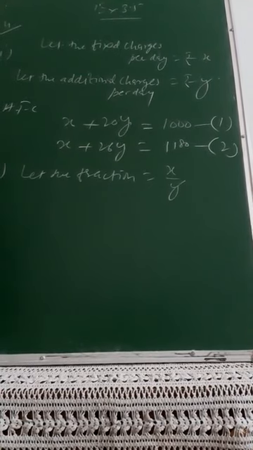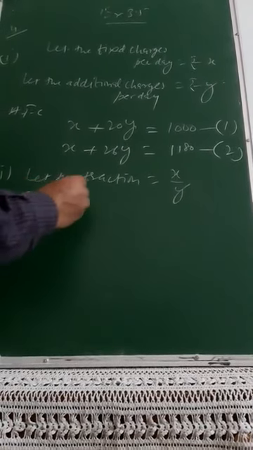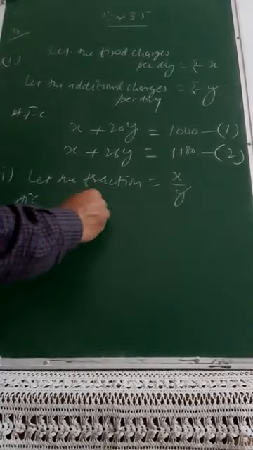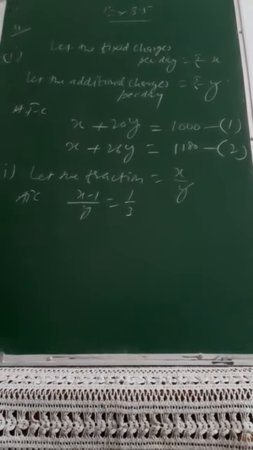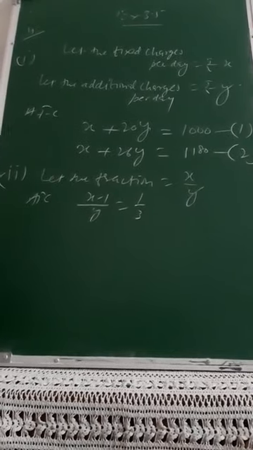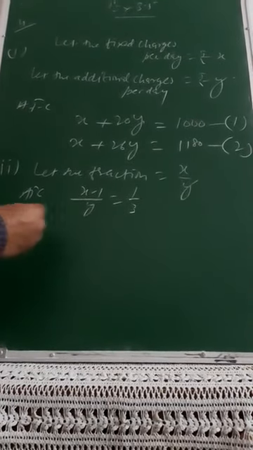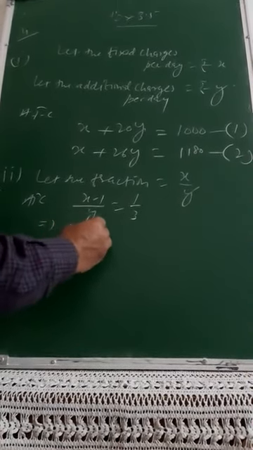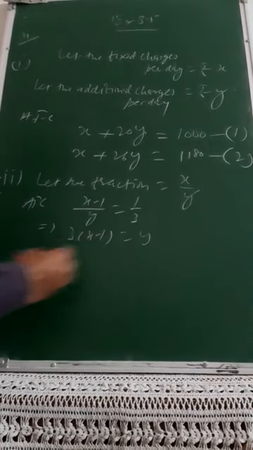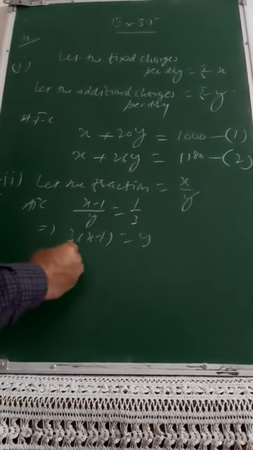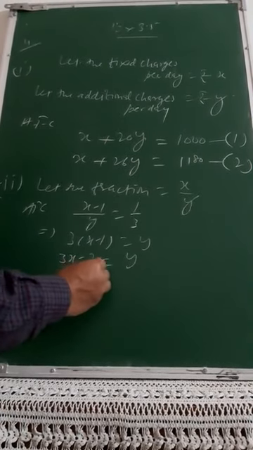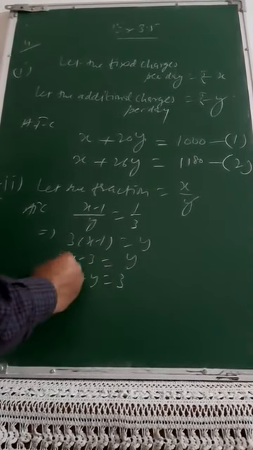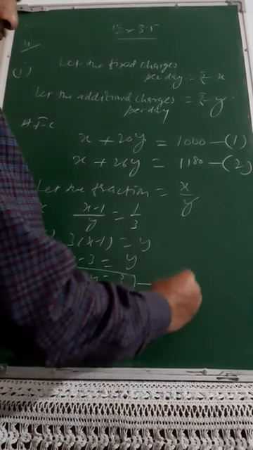So according to the condition, X minus 1 upon Y becomes 1 upon 3. So this implies 3 into X minus 1 is equal to Y by cross multiplying. So we are getting 3X minus 3 is equal to Y, or 3X minus Y is equal to 3. So this is your equation number 1.